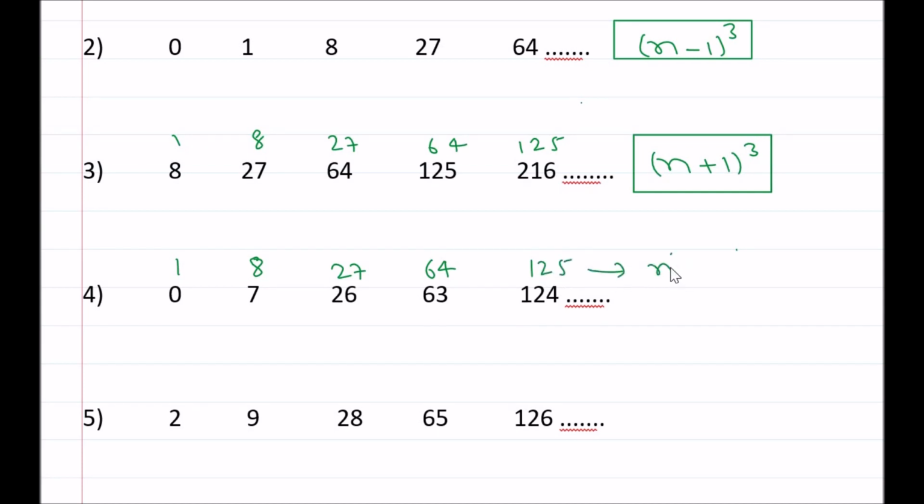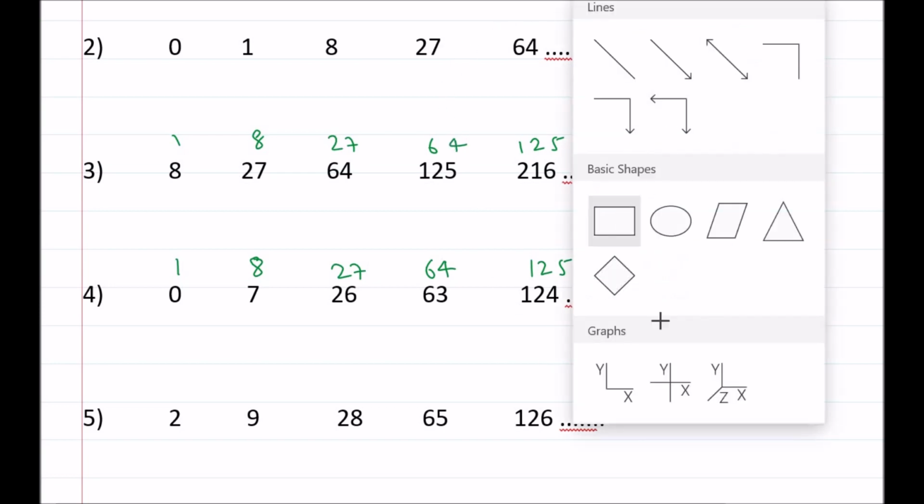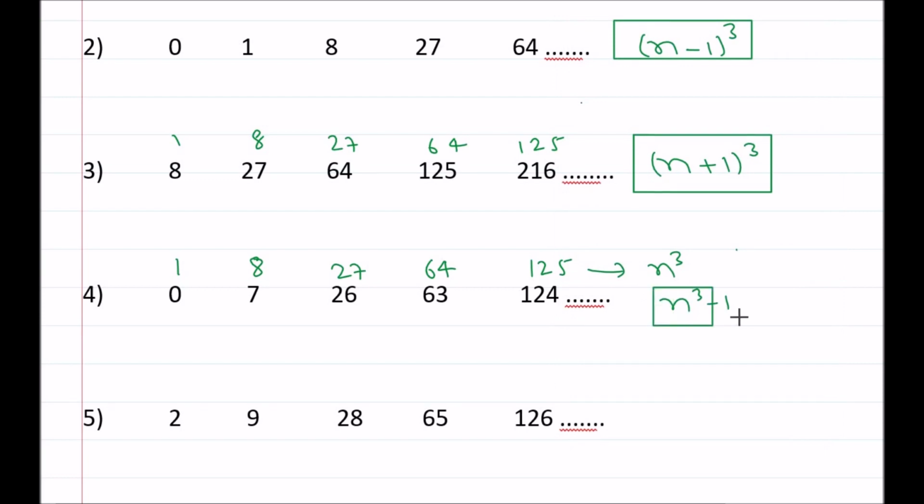It is n cube, you know. So for this, what is happening? 1 less. That means n cube minus 1. It is working. 125 minus 1 is 124. 64 minus 1 is 63. So all are 1 less than the cube number. So n cube minus 1. Okay. So this is your answer.